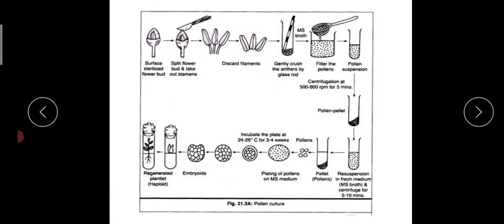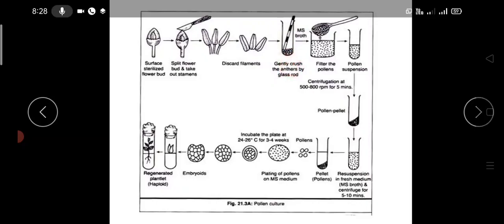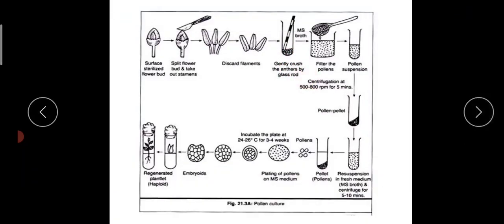Anther lobes are separated and put in a culture tube or test tube, and then we squeeze these anthers gently with the help of a scalpel or a glass rod inside the tube, and this helps to release the pollen grains inside the anther lobes.